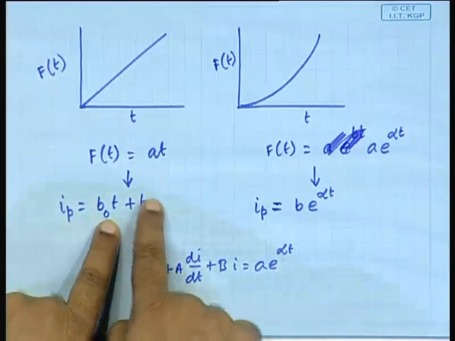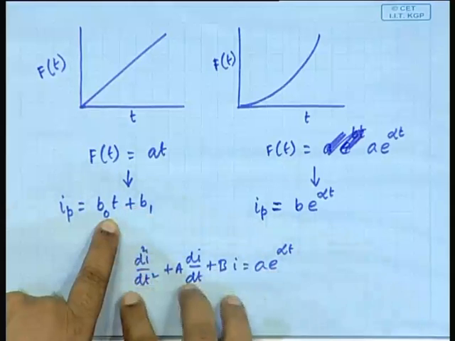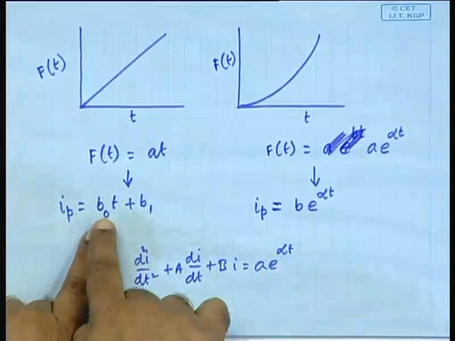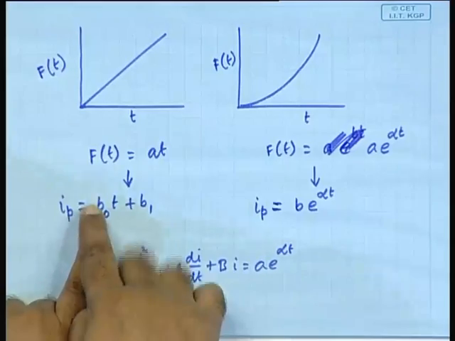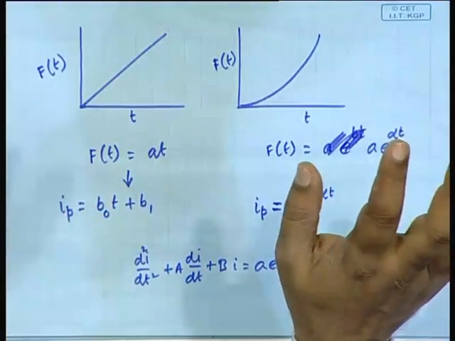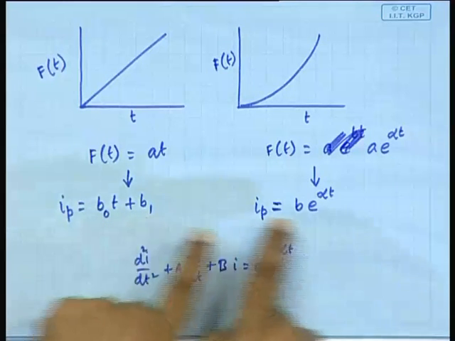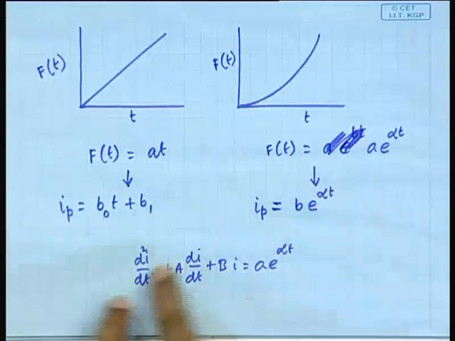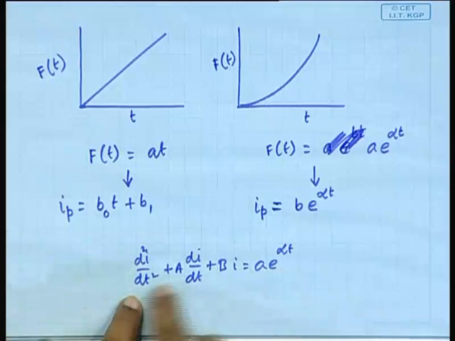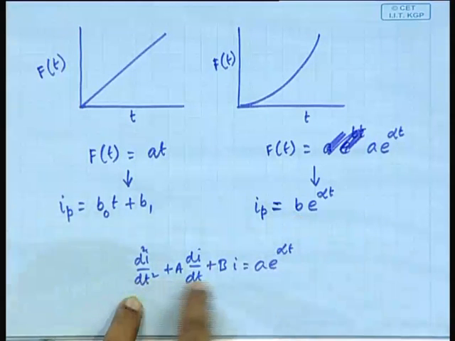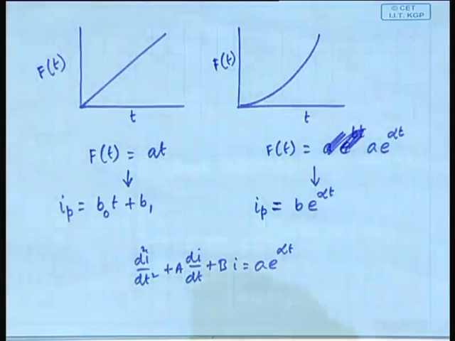There will be a term that is independent of t on both sides. There will be one term that is dependent on t on both sides. They will individually have to be 0, and that will give you B0 and B1. In this case, how do you obtain B? If you plug it into the equation like this, you will see that B is the only unknown, and you can solve for it.